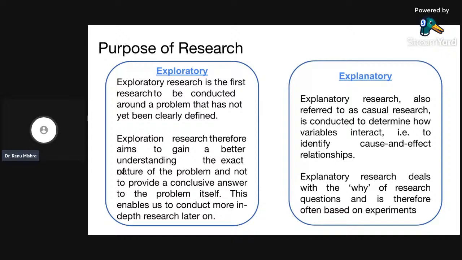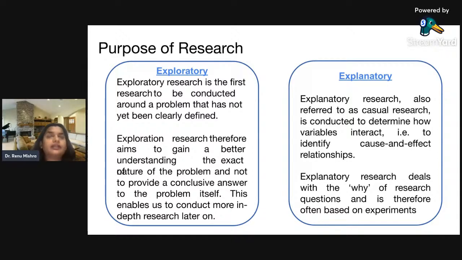Now in exploratory research, coming back to that, what is this problem? The simple what. In explanatory research, you come across why. Exploratory will say AI has an influence on digital marketing.